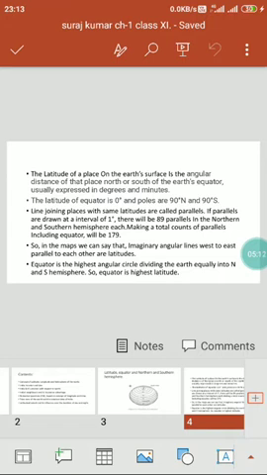Lines joining places with the same latitude are called parallels. All the circular lines lying on the surface of the earth are different parallels, and these parallels are drawn at an interval of approximately 1 degree.